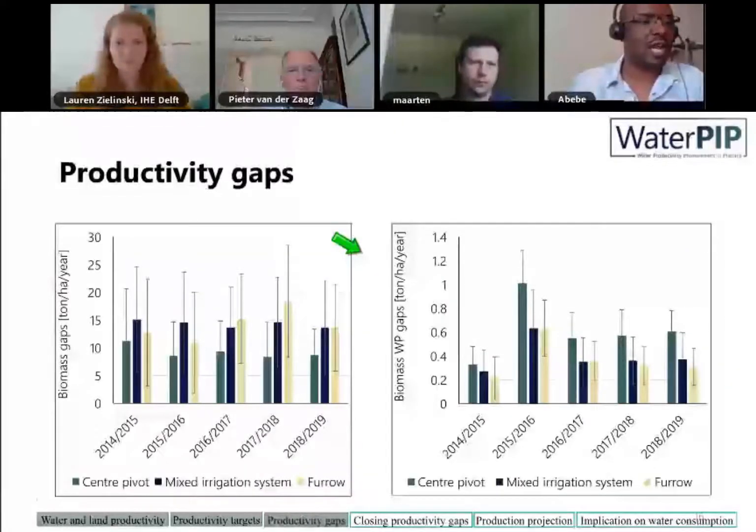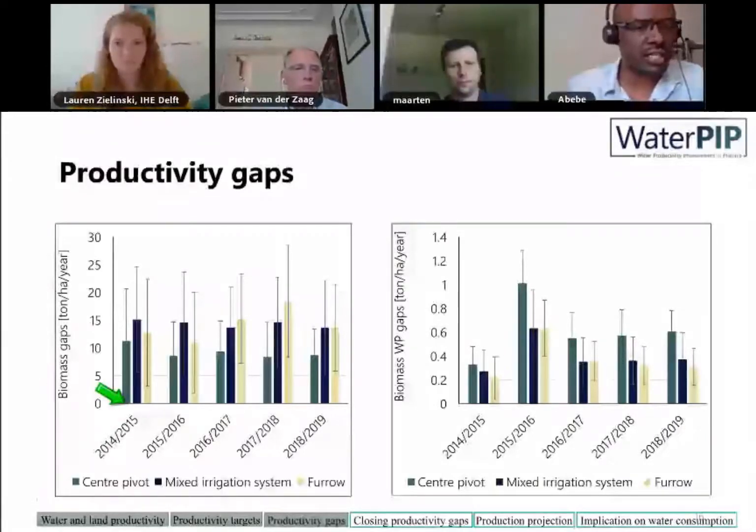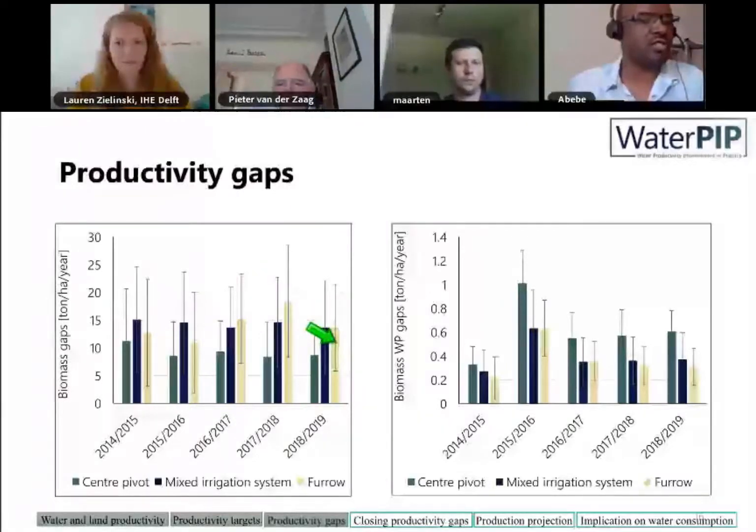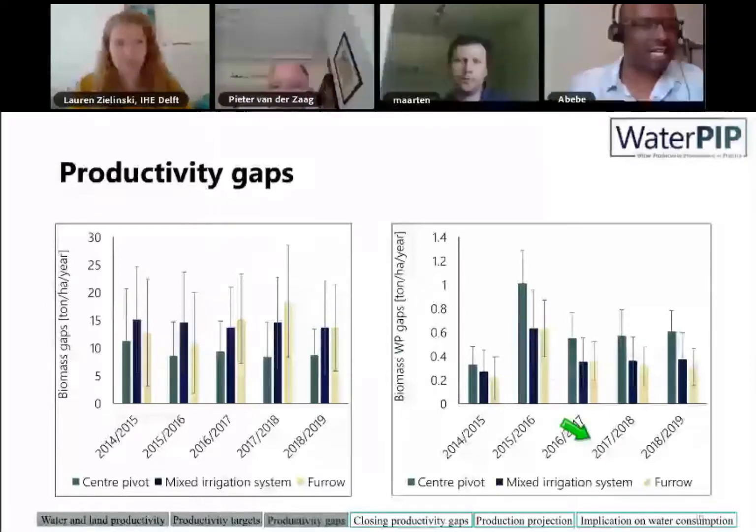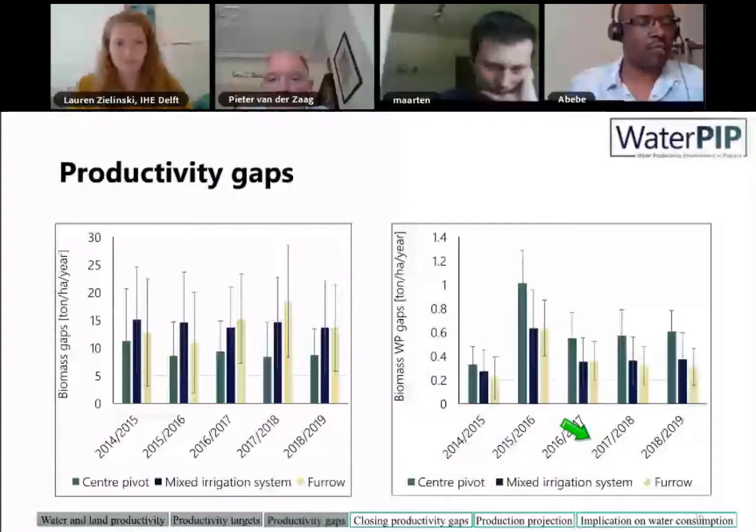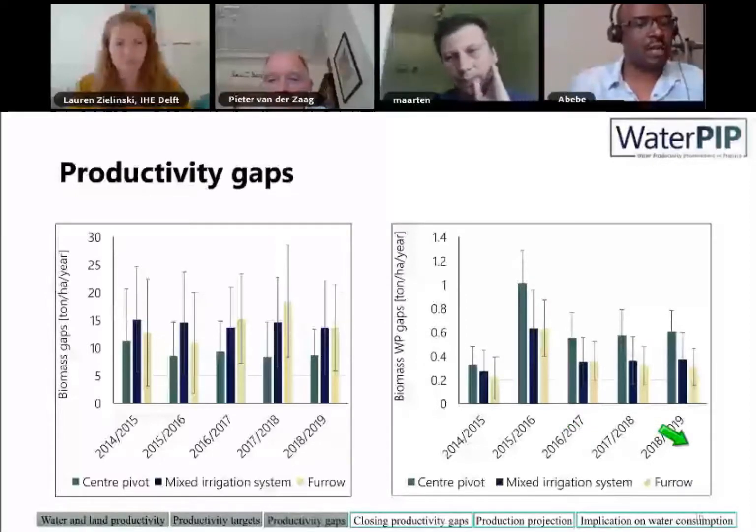The productivity gap on the left is the biomass gap, and on the right the biomass water productivity gaps, for 5 seasons and for each irrigation technology. As seen in this picture, the biomass gap is large under furrow irrigation compared to center pivot, for instance, whereas the water productivity gap is very high in areas irrigated by center pivot compared to areas irrigated by furrow.